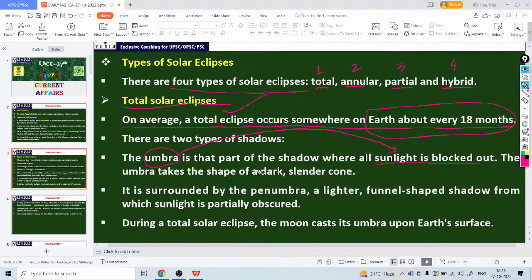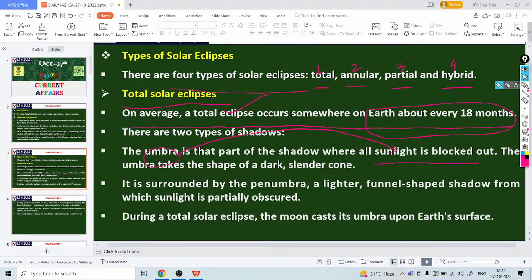During a total solar eclipse, the moon casts its umbra upon Earth's surface. We'll see a picture of this. The next slide.